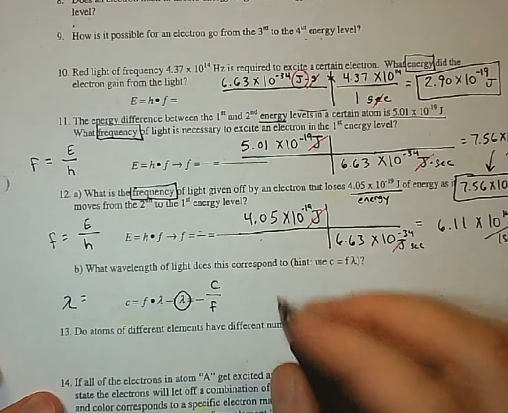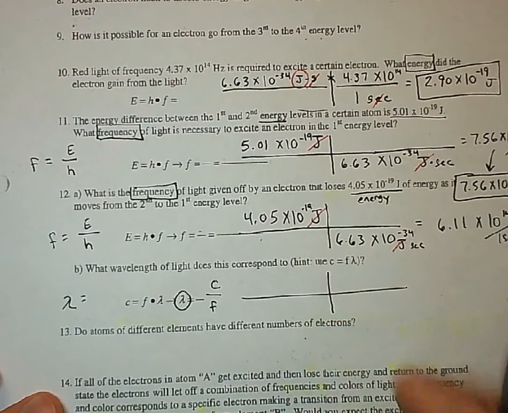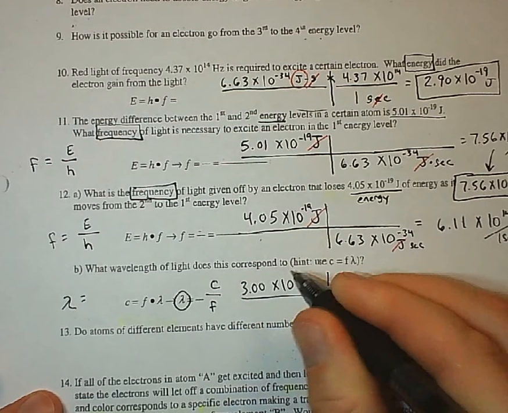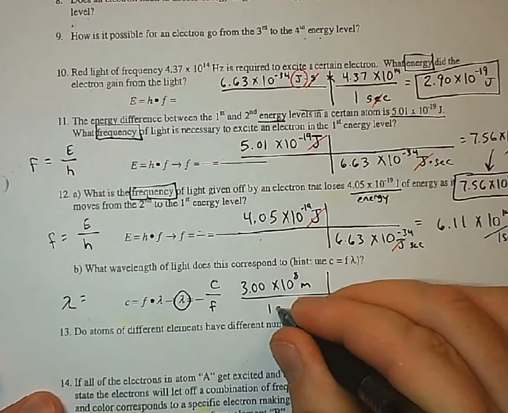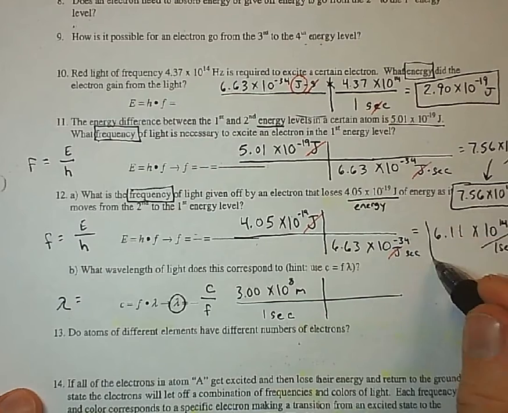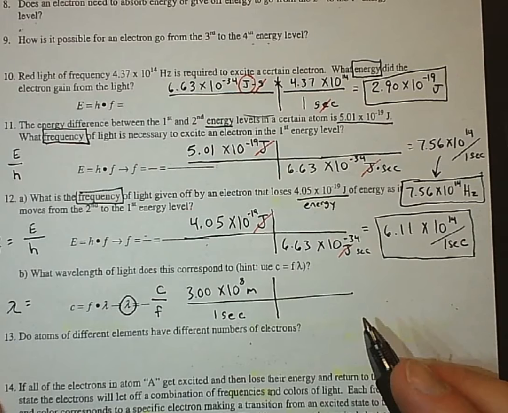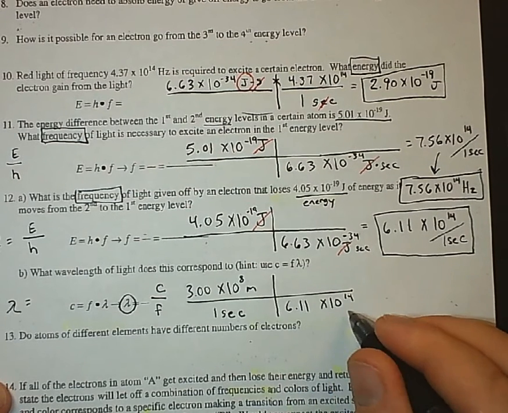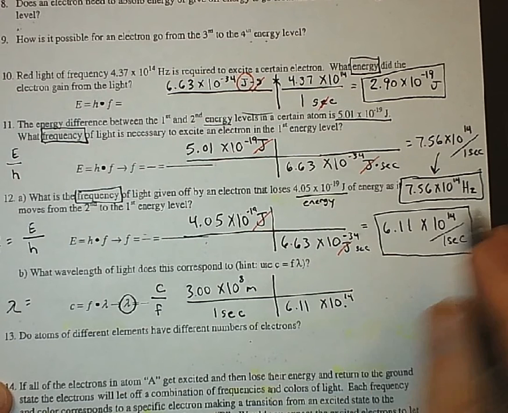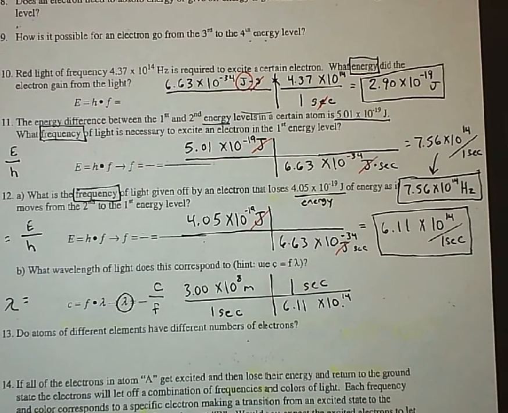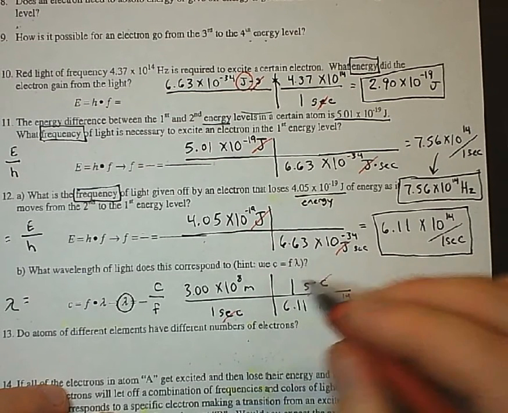So we set up our box. Speed of light is 3.00 times 10 to the 8th meters per 1 second. And we're going to divide that by our frequency from our last problem, 6.11 times 10 to the 14th, per 1 second. So now seconds cancel out, and we're left with meters.